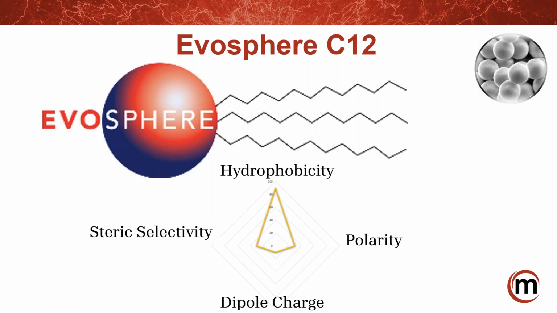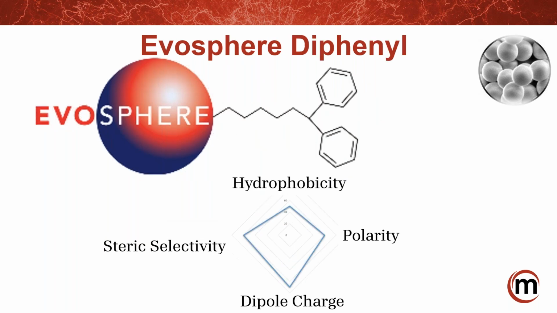It's not a C18. Everybody says, well, why don't you have a C18? It's like, well, why do you need another C18? You know, is the response we tend to give. Actually, I can bond more C12s onto the silica surface and give you a more hydrophobic environment. It gives you more hydrophobicity, a little bit less steric selectivity, but you have some polarity.